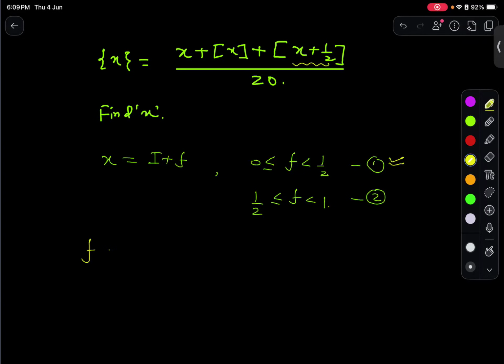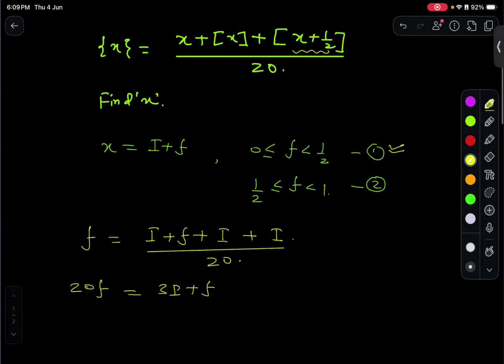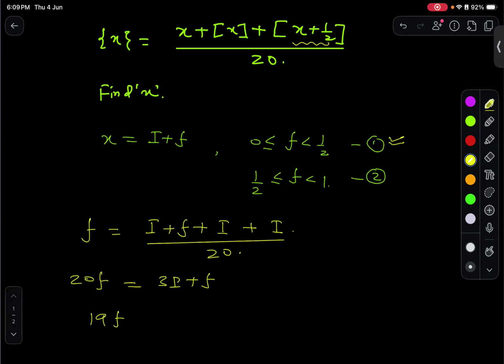So f is equal to I plus f plus I plus I plus f, this value, upon 20. Okay, so 20f is equal to 3I plus f, or 19 times the fraction part is equal to 3I.